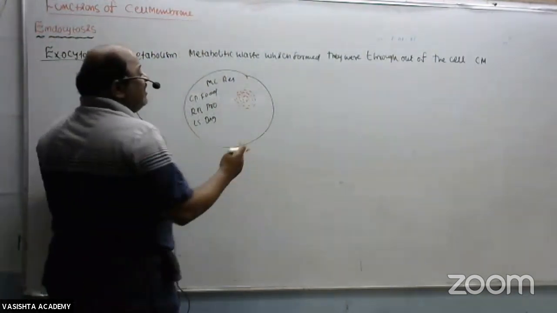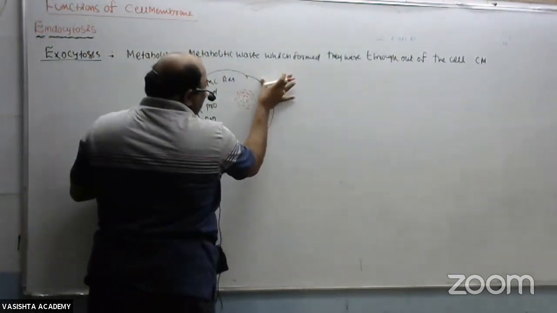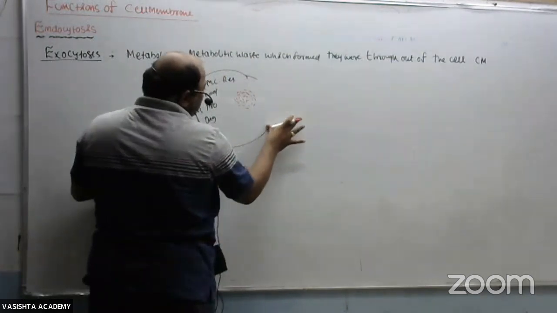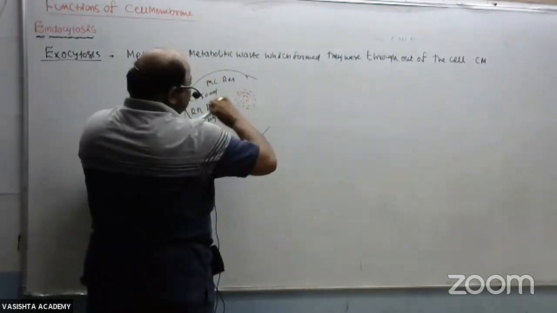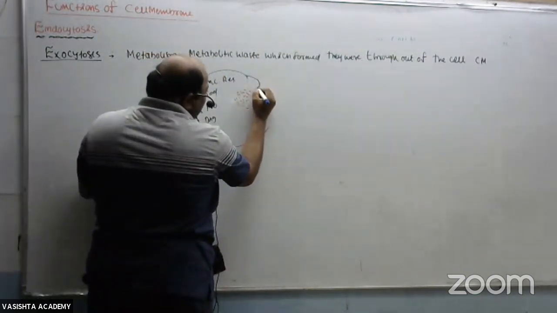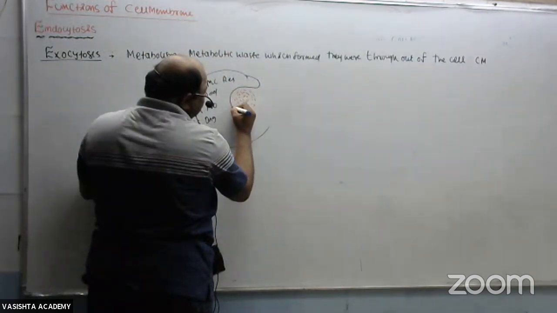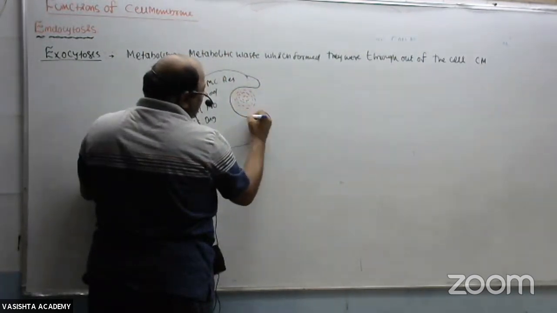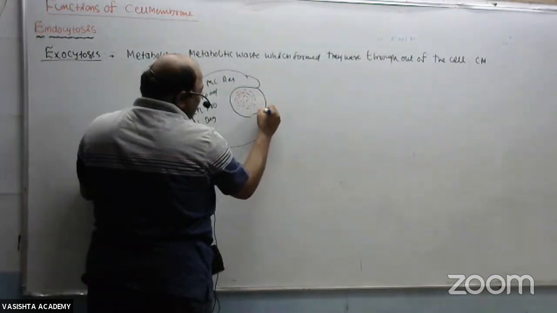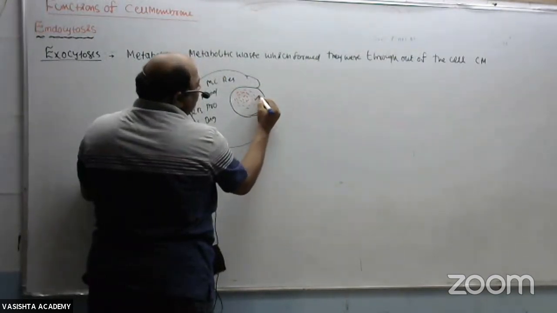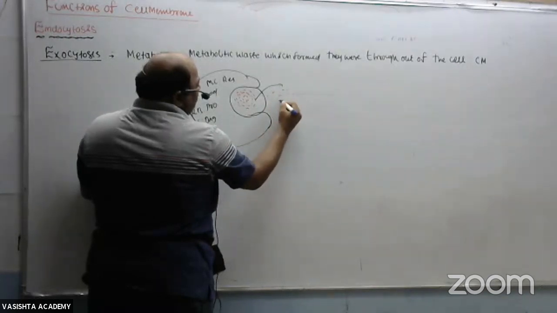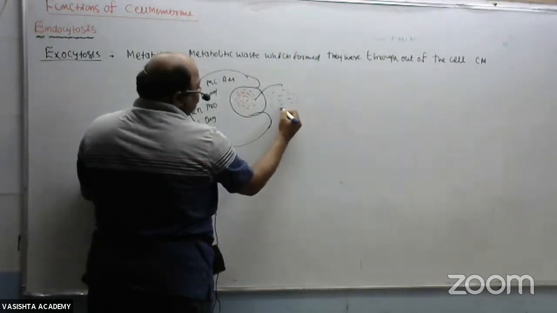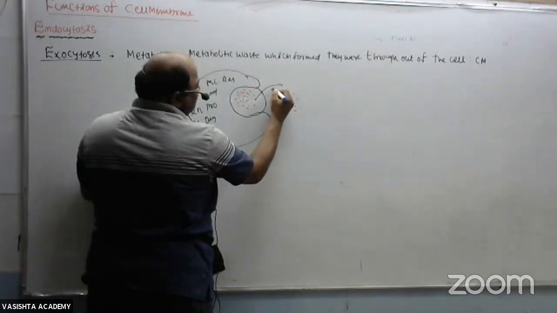So what happens here? When they are formed, this cell membrane initially shows an invagination. Now, it will be formed as a pinch, or otherwise these metabolic wastes are directly thrown out from this cell.